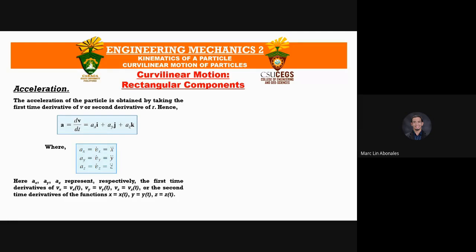And here, ax, ay, az are represented respectively as the first time derivatives of vx, vy, vz, or the second time derivatives of your functions x, y, and z, from which you get the components of your acceleration, which are ax, ay, and az.